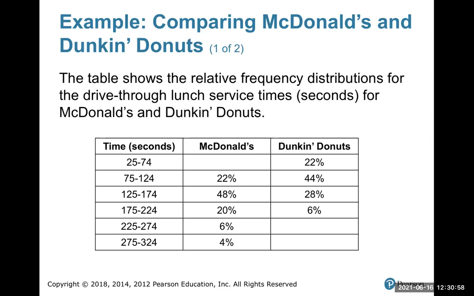I want you to observe, you're comparing the two. This is the frequency of 22%, for example, of lunch services falling between 75 seconds to 124 and so forth. And for Dunkin' Donuts, 22% of the time happens here and so forth.